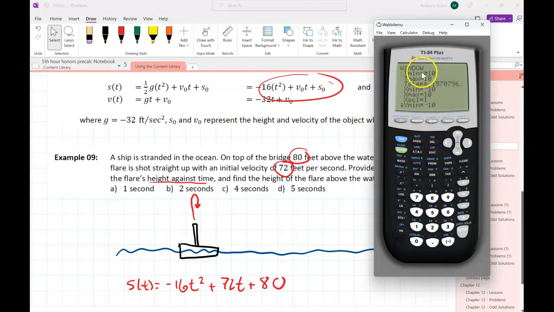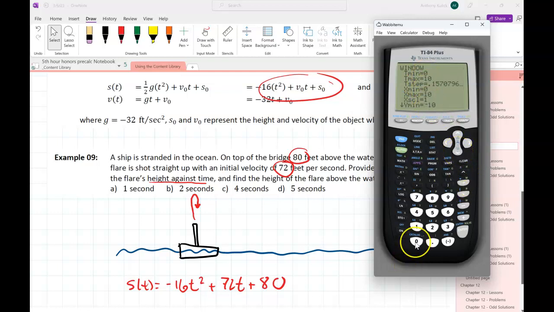And I'm going to go set my window. Since t is time, it makes no sense to talk about negative time, right? And I don't know how long it'll take the flare to go up and then come back down, but 10 seconds ought to cover it. That'd be a real high flare. Since x is just t, I'll go 0 to 10.